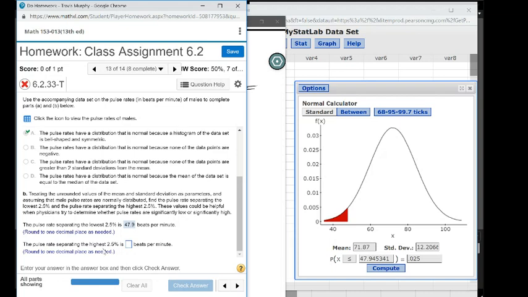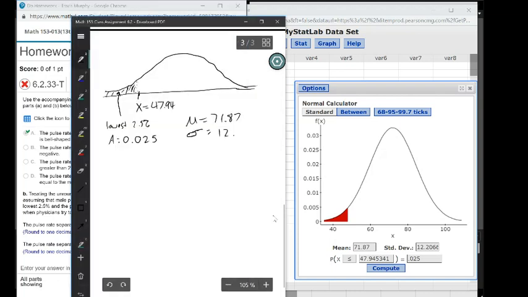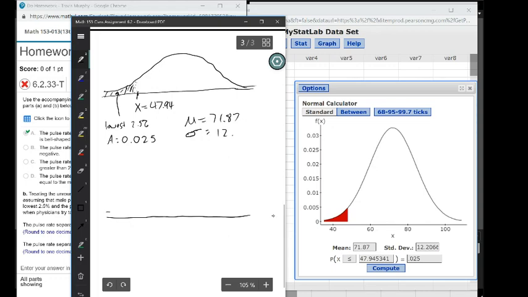And the pulse rate separating the highest 2.5%. So the highest 2.5% would be the right-sided tail, so somewhere around here.